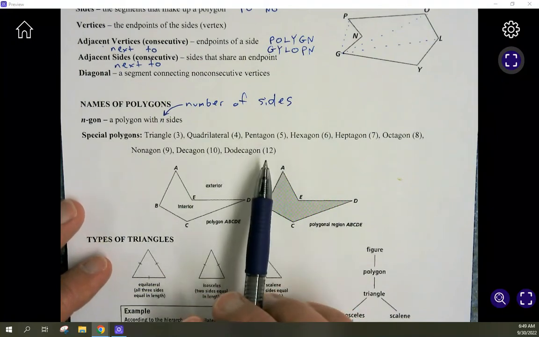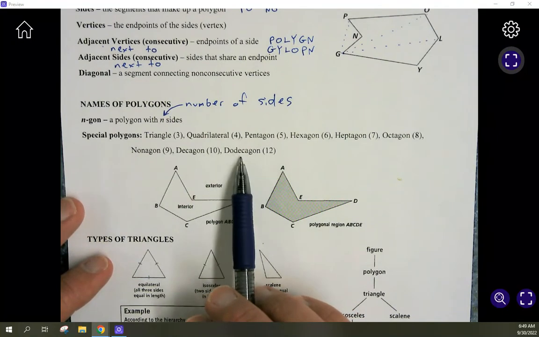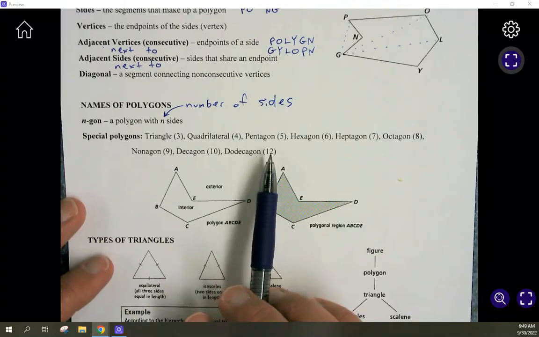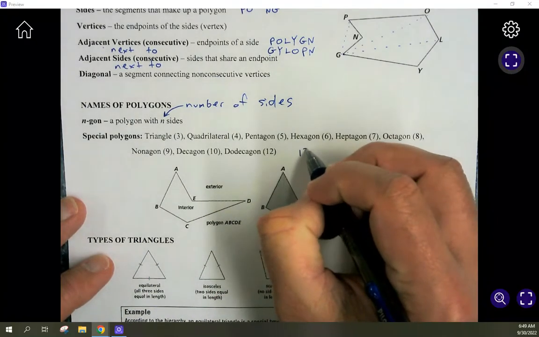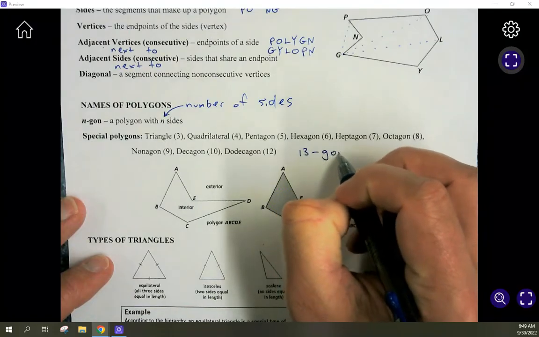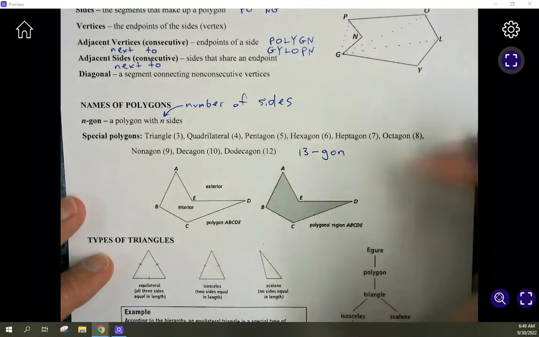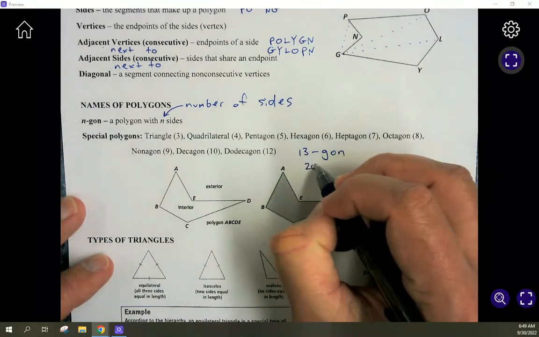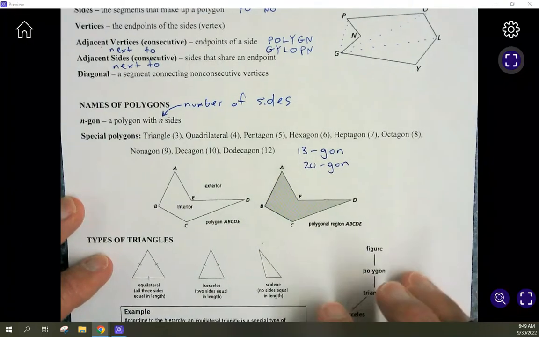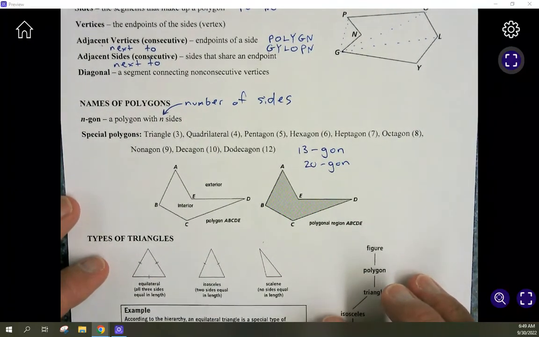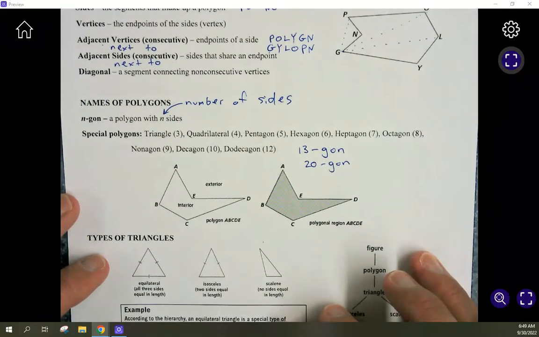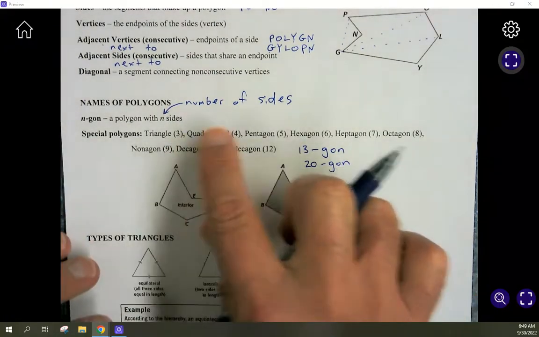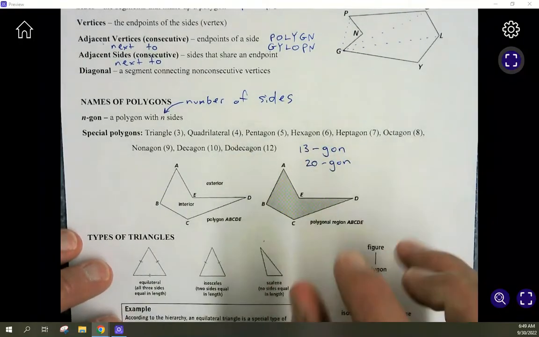But those are the ones that we really need to know the names of that will actually use it. If there was a 13, they would probably just say 13-gon like that, or 20-gon. They technically do have names. Again, you could Google it and look them up. But in terms of what you're going to see in the book and in a problem, if it's not one of these key ones, they're just going to write it like that for how many sides there are.